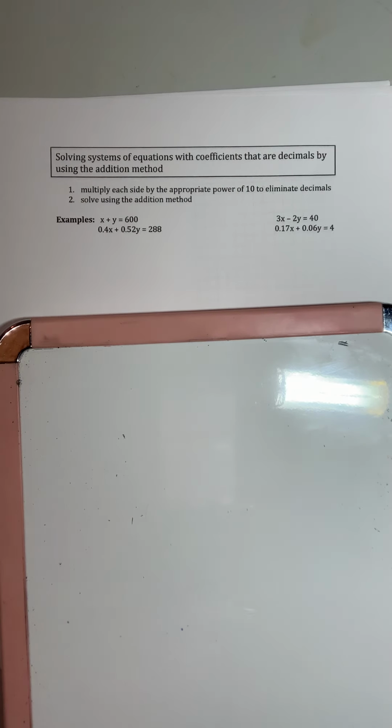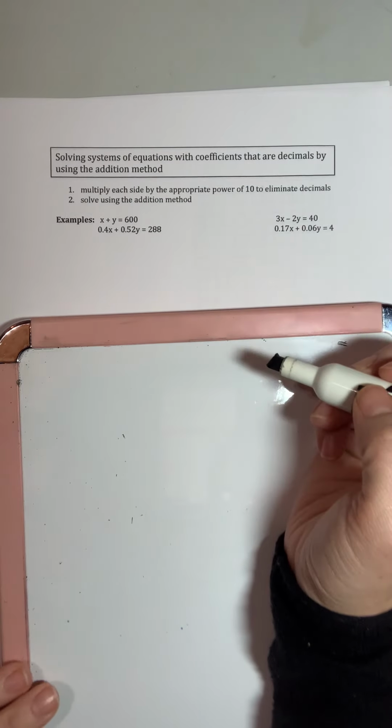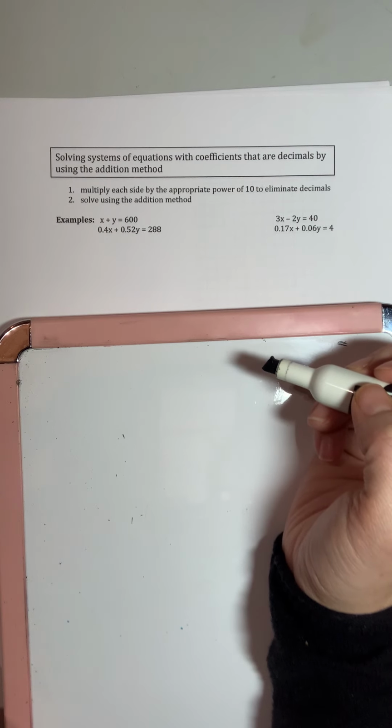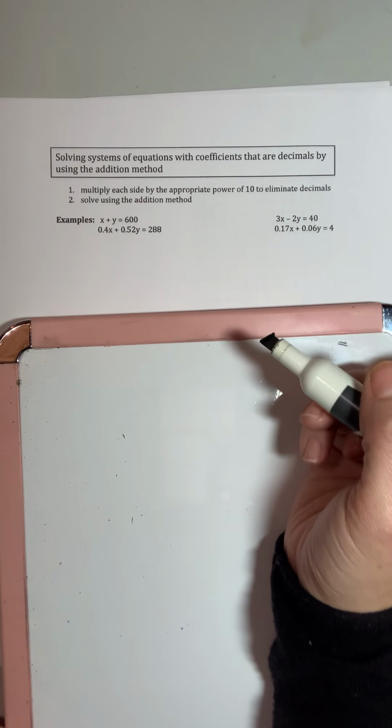When you multiply a number by a power of 10, 100, 1,000, 10,000, you just move the decimal point the amount of zeros that you have.